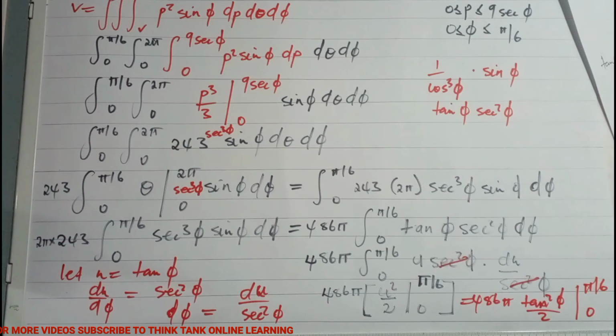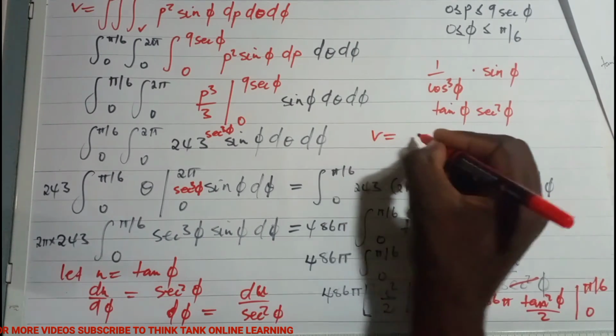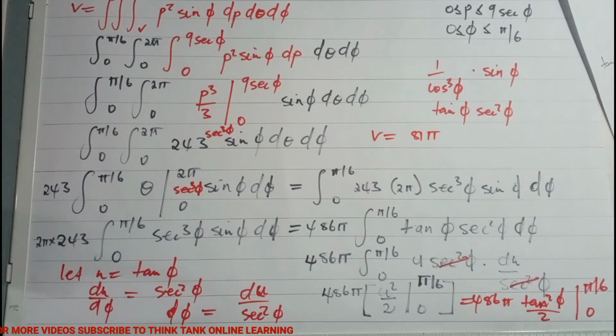If we plug in our limits, tan squared pi upon 6 over 2 times this, we're going to get the same answer we got when we used cylindrical coordinates, and that is V equals 81 pi.